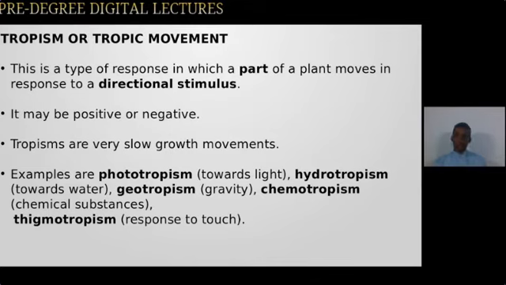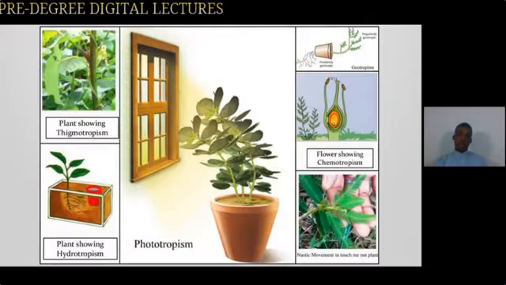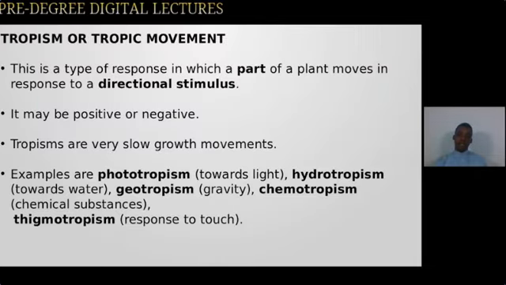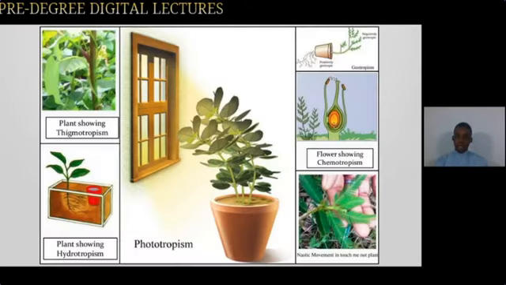Examples are phototropism, if it moves towards light, hydrotropism towards water, geotropism in response to gravity, chemotropism to chemical substances, and thigmotropism in response to touch, like the mimosa plant.